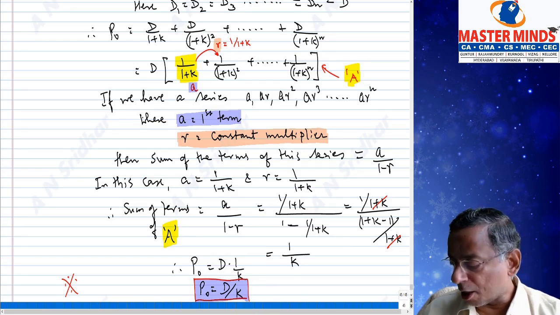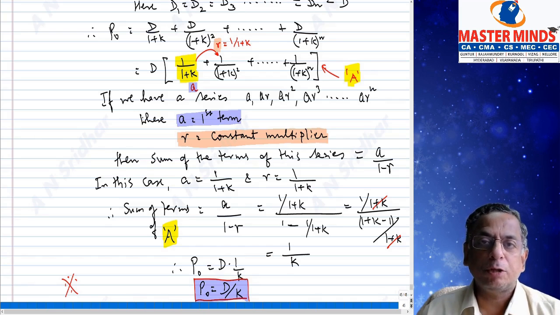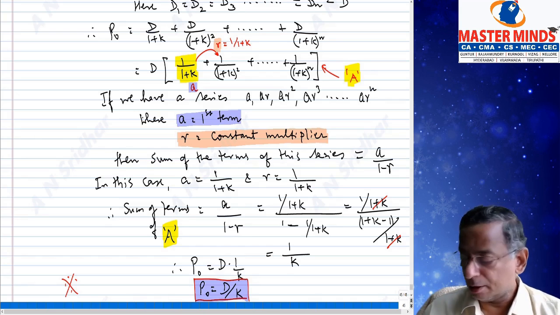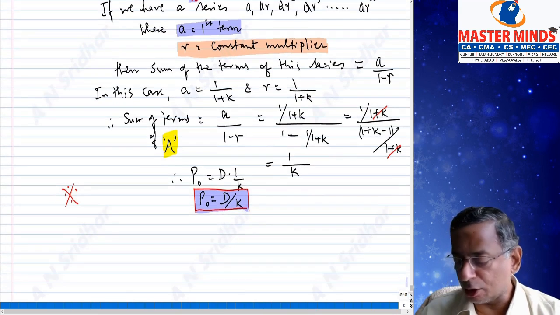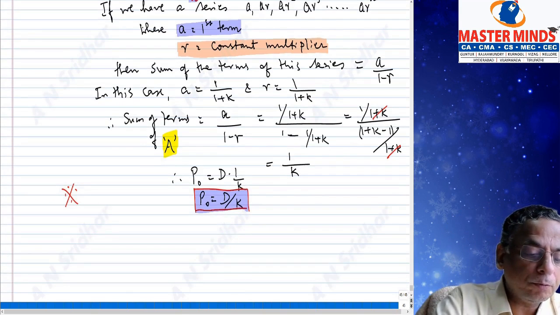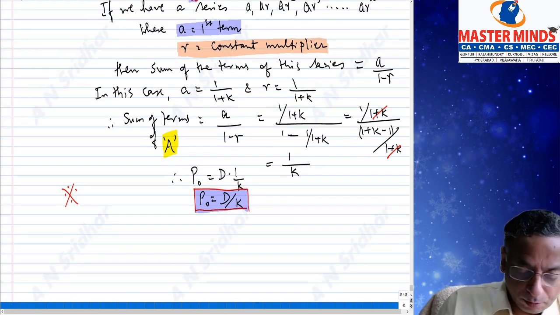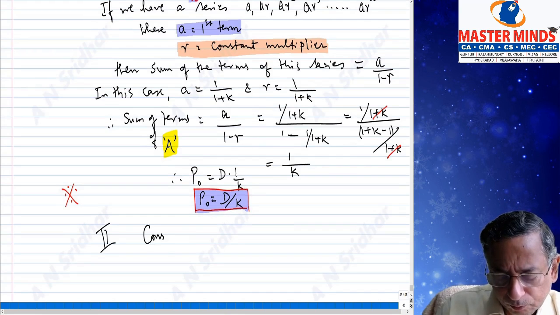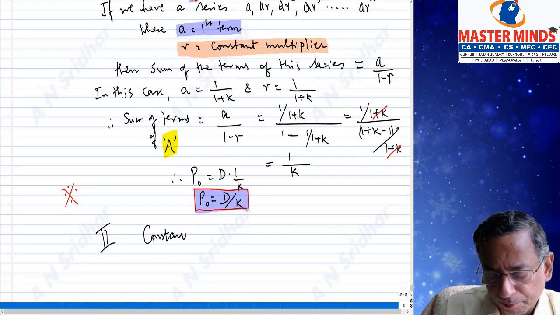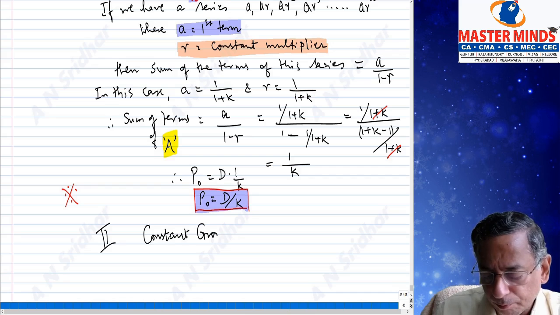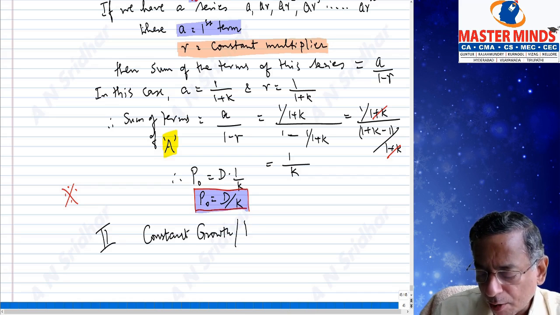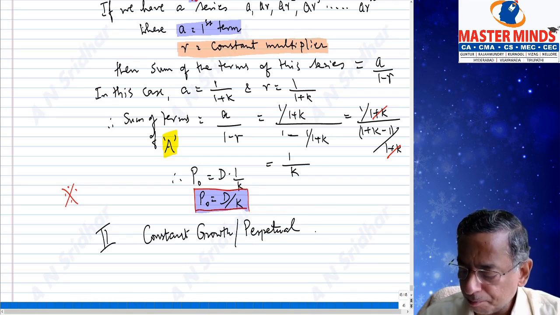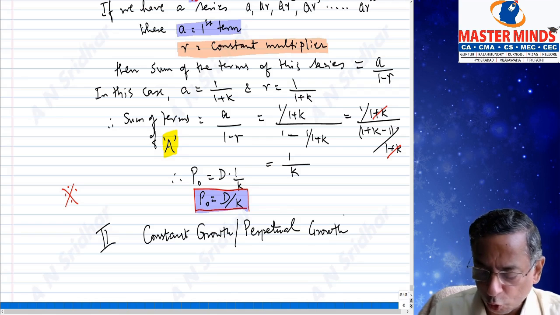Now Gordon gave the second approach, the most popular approach, that is the constant growth or perpetual growth approach.